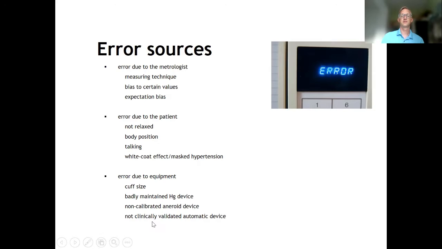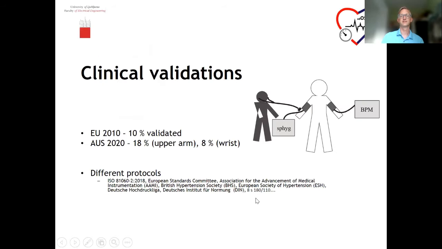In order to have accurate measurements, it's really important to have clinically validated devices. What does this mean? Clinical validations are basically procedures used to validate electronic automatic blood pressure meters.